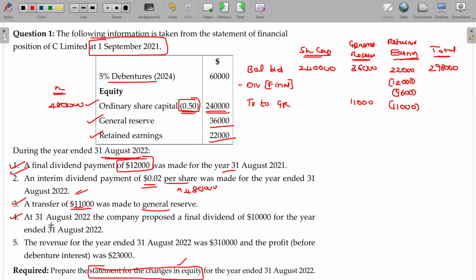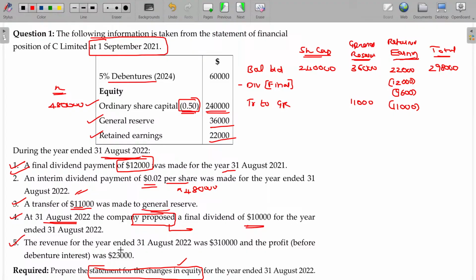Fourth, at 31st August 2022, the company proposed a final dividend of 10,000 for the year ended 31st August 2022. This is only proposed. As it is only proposed, not currently paid, it may be payable in the next year. Never bother to record it in your statement of changes in equity, right?